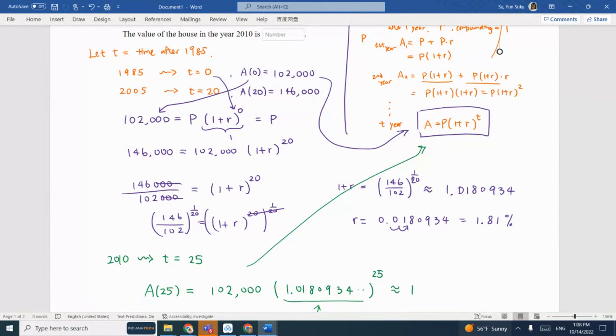Please, everybody try to plug in your calculator. Yes, it's also very important to know how to use your calculator. Okay? Oh, 159694. 159,694.78.